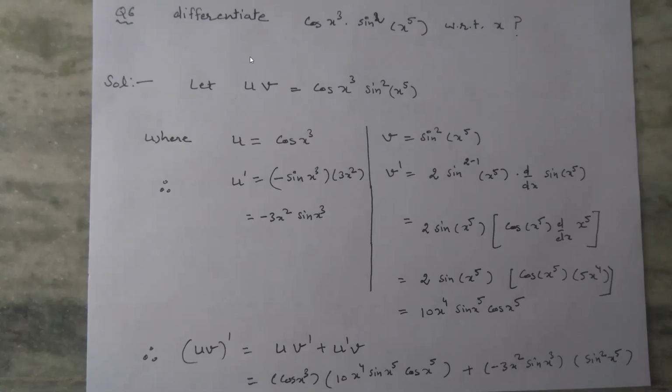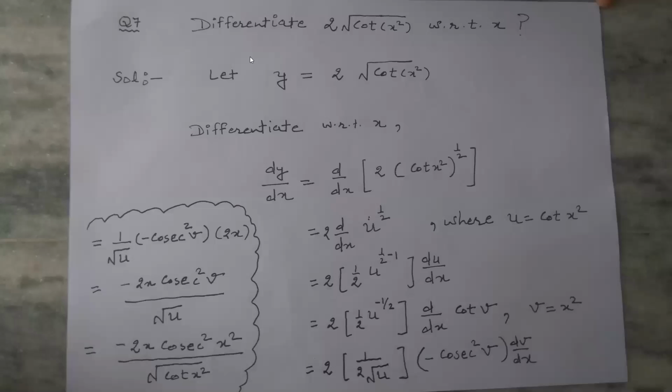Now proceeding towards question number 7: differentiate 2 into square root of cotangent of x square with respect to x. The very first step is, suppose y is equal to 2 times square root of cot of x square, the given function.